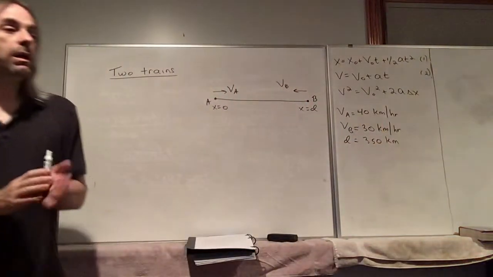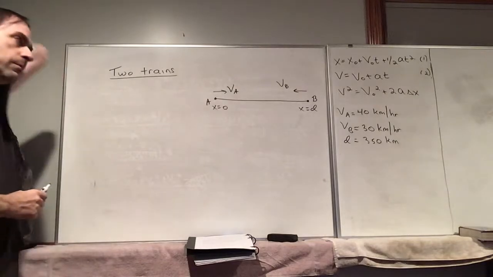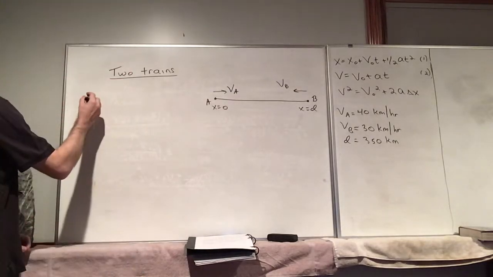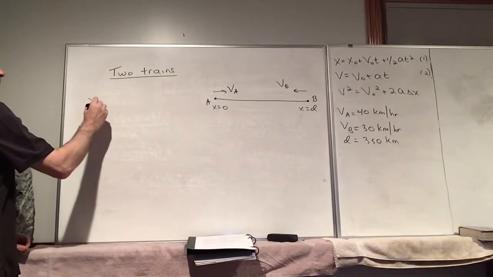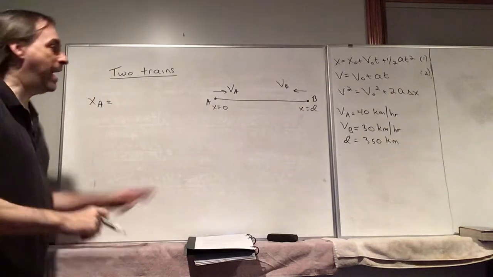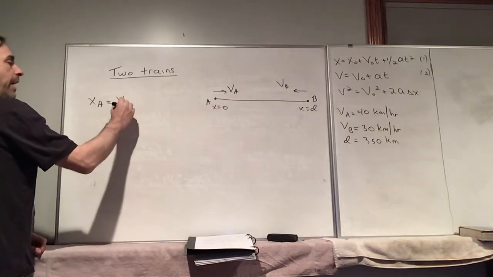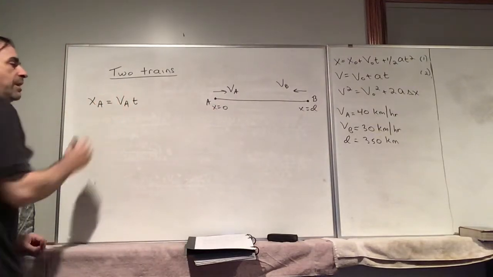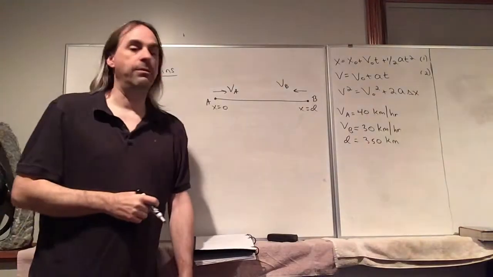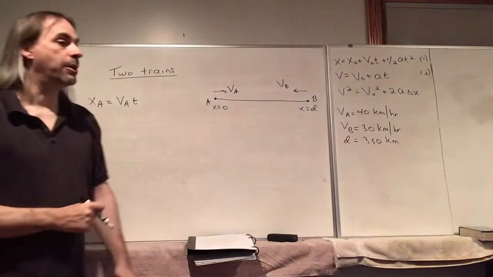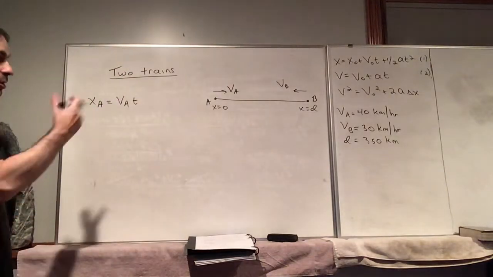Let's start with XA, the position of train A. x0, it starts at 0. Then we have the velocity of A times t, and there's no acceleration. It leaves the station going this speed, and it just keeps on going. And so that's it.